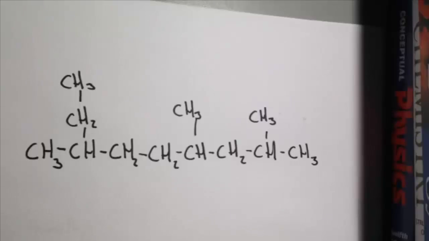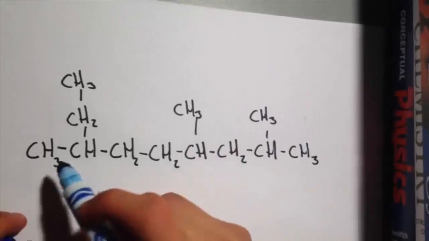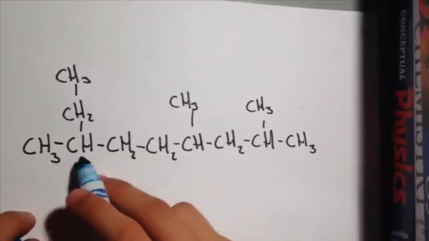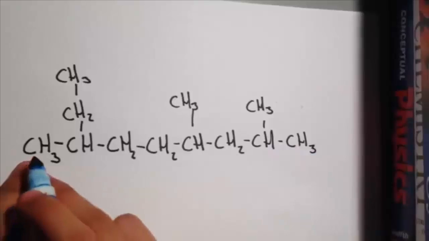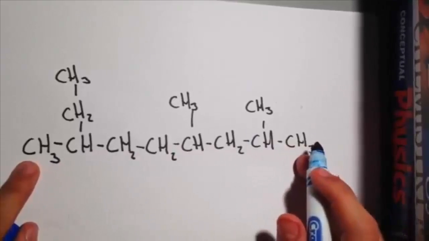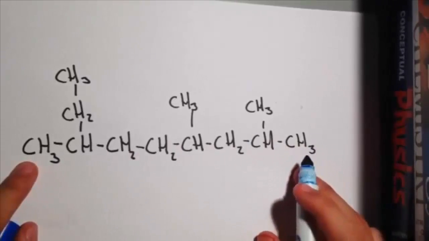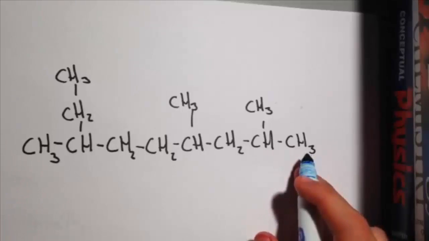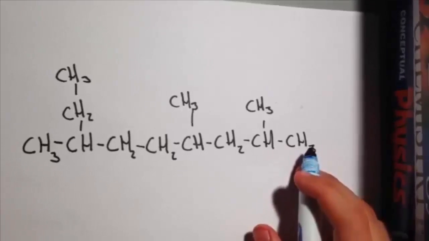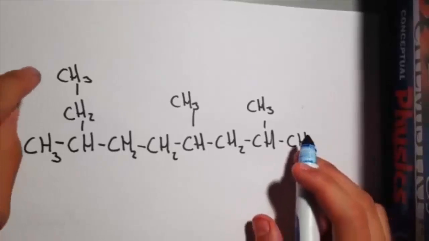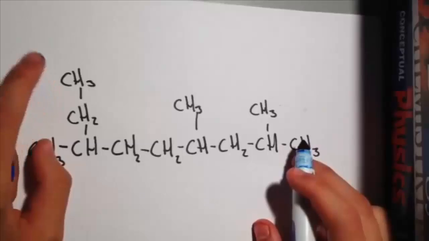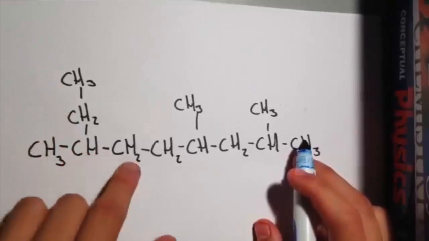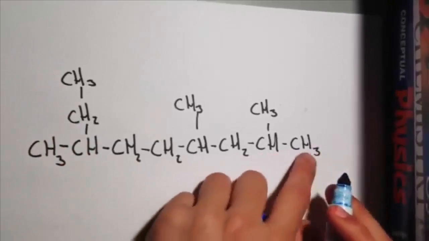You can count the carbons like 1, 2, 3, 4, 5, 6, 7, 8, and to this point it's 8 carbons, but you need a longer chain than 8, so we try to start at this point: 1, 2, 3, 4, 5, 6, 7, 8, 9.